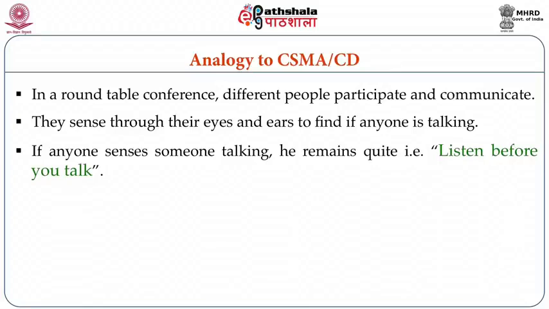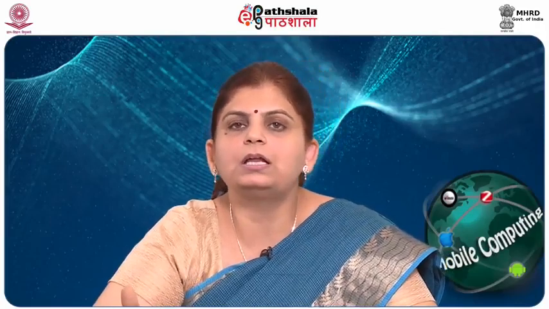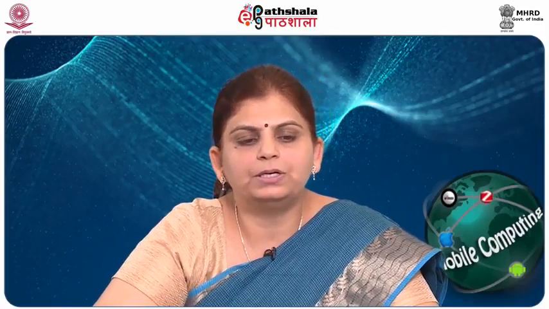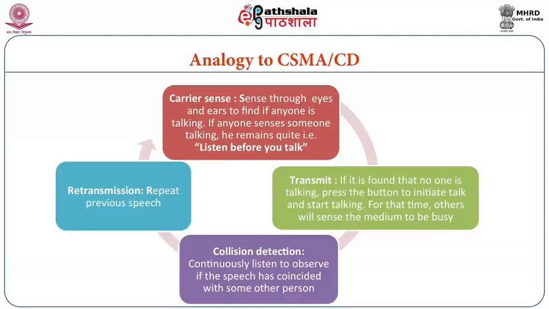That is, the sensing is: listen before you talk. This is how the medium is sensed. In real time also, when we want to transmit, we first sense whether the medium is busy or free. If free, then the person talks, otherwise it waits. If no one is found to be talking, then the person speaks.